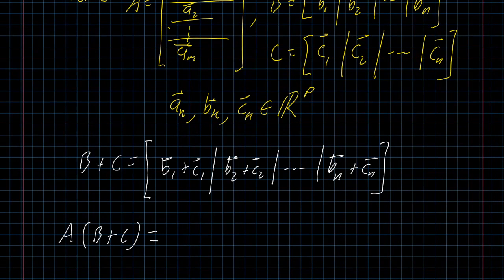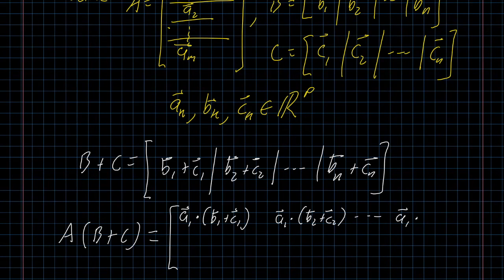The rows of A dotted with the columns of B plus C. So we will have the first row of A dotted with, it helps to put this in a matrix, the first row of A dotted with B1 plus C1, the first row of A dotted with B2 plus C2, all the way down to the first row of A dotted with Bn plus Cn. And we'll continue that for every row until we get down to the bottom.